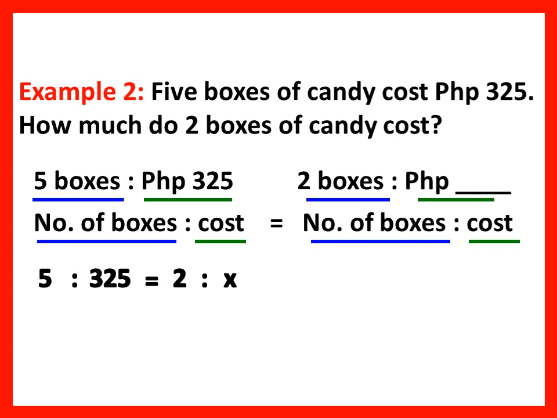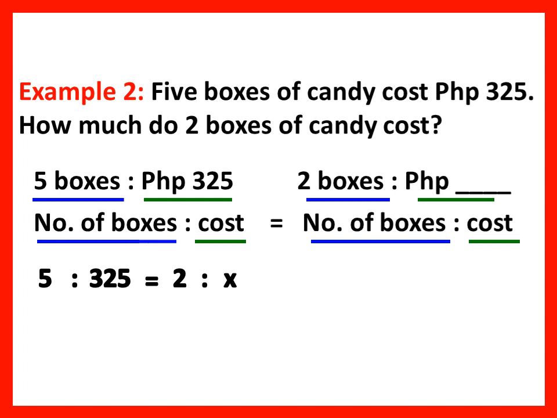So of course, you are expected that the value for the x should be lower than 325. So therefore, this is also decreasing. 5 becomes 2, decreasing. 325 becomes blank, and that will be lower than 325. So that is decreasing also.